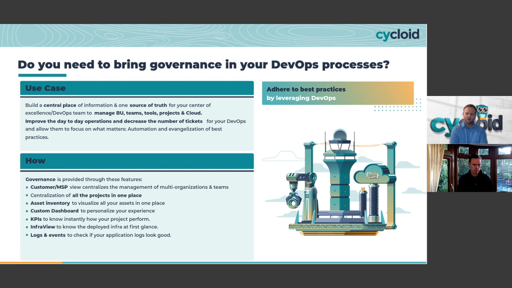And you need a platform that is multi-cloud or hybrid cloud, because obviously you will have different requests and different needs from your different customers, and all this needs to be flexible. So it improves the day-to-day operation and decreases the number of tickets for your DevOps, and allows them to focus on what matters, which is automation and evangelization of best practices.